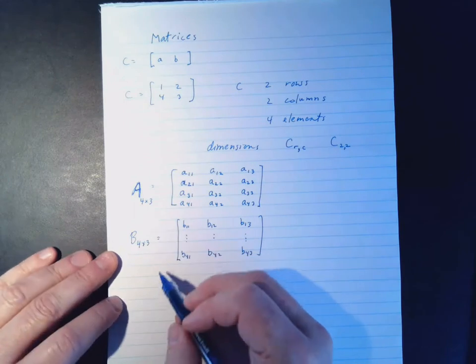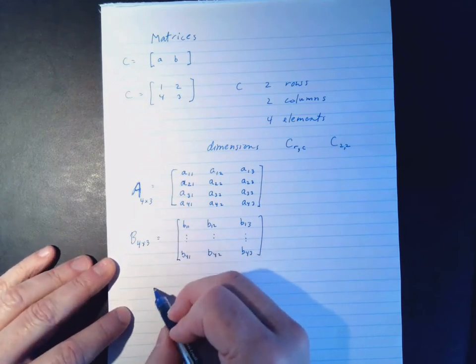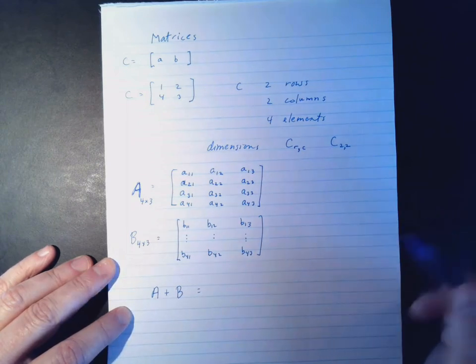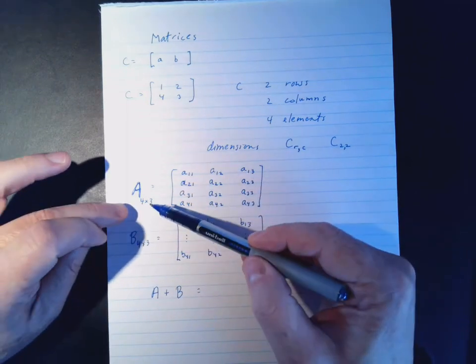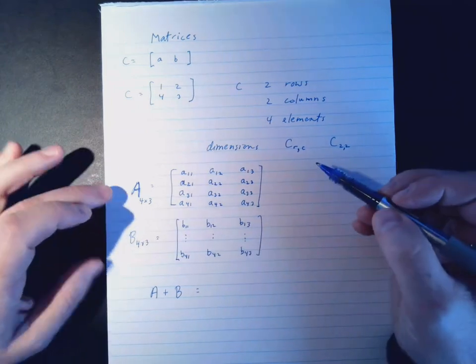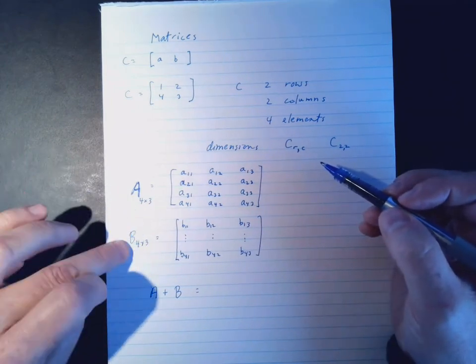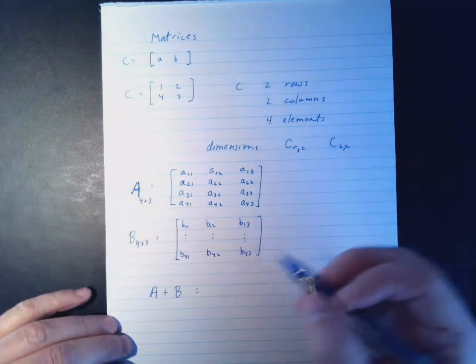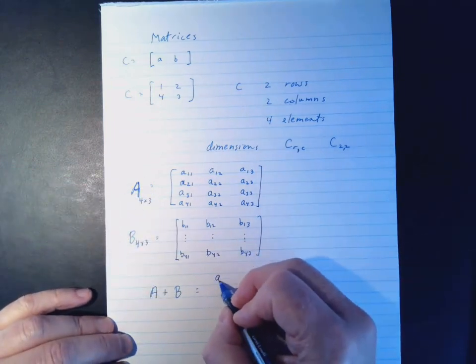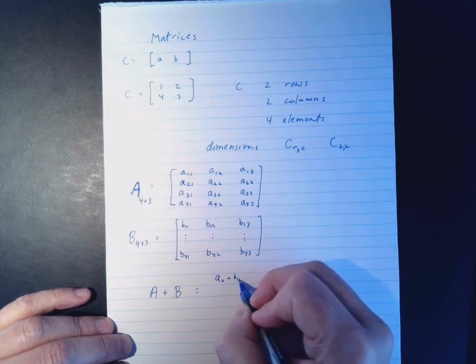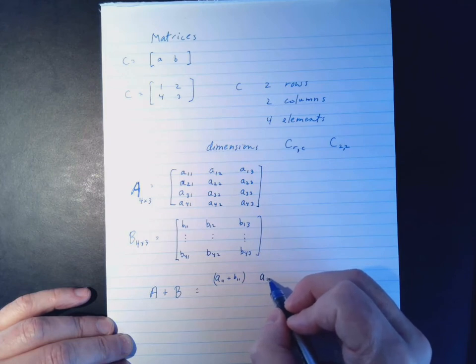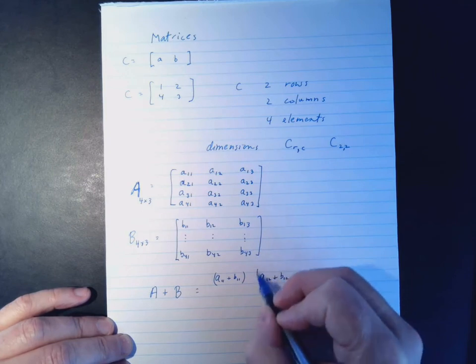In this case, we can add these. So A plus B. And to do the addition, you first check that they have the same dimensions. So the dimensions of A is 4 by 3, and the dimensions of B is 4 by 3. They have the same dimensions, so you can add up the individual elements. So it'll be A11 plus B11. That'll be the first. And then A12 plus B12.